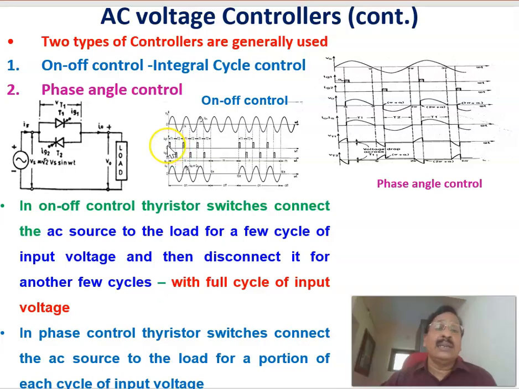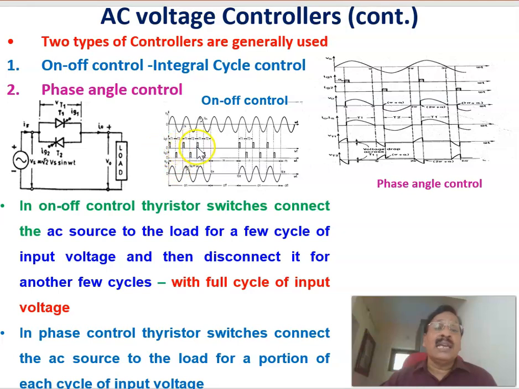You can see the gating signal is given at the firing angle alpha equal to 0 for the positive half cycle. For the negative half cycle, again at firing angle alpha, it is given to T2. So at the zero crossing point, the firing signal is given. These are the gating pulses to T1 and these are the gating pulses to T2.